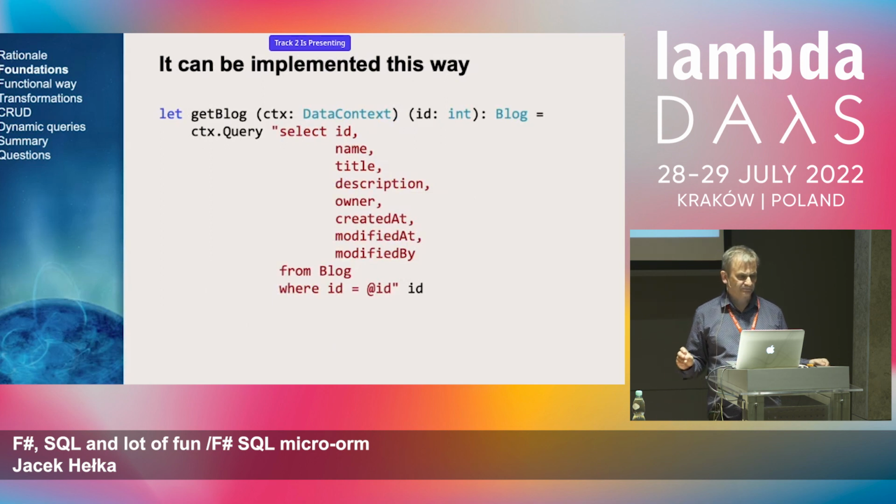Okay, and the most important thing was how such a data access function should be implemented. The obvious first choice would be to just write a signature and call some API function inside.